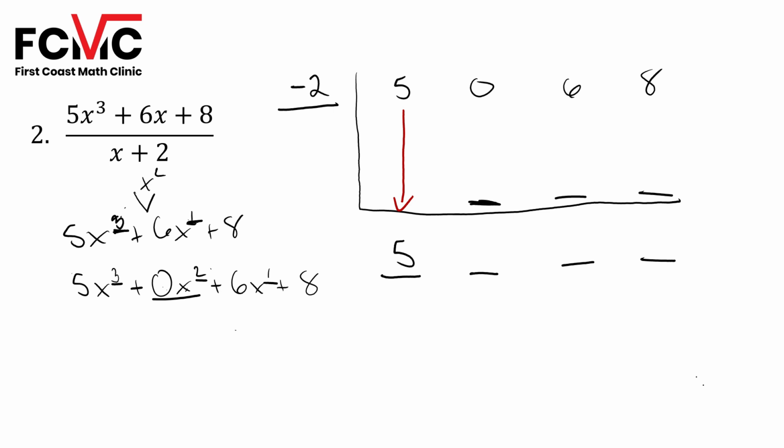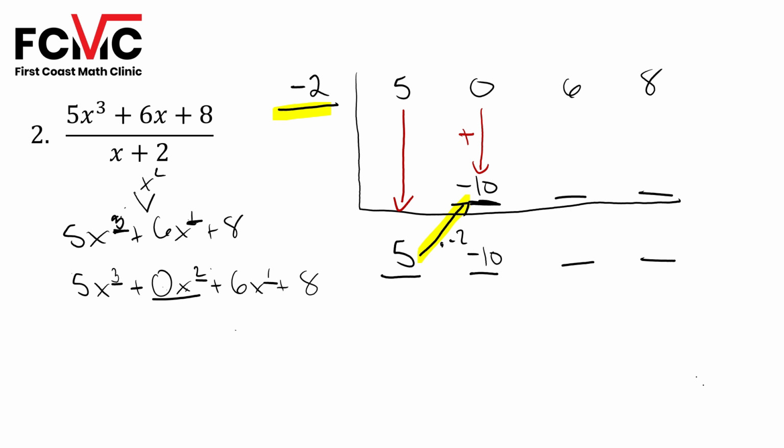Now we want that term next, so we're going to bring that 5 up, but we're also going to have to multiply that 5 times -2. So times -2 gives me -10. Now we're going to bring this 0 down, add 0 plus -10. That's going to give me -10.